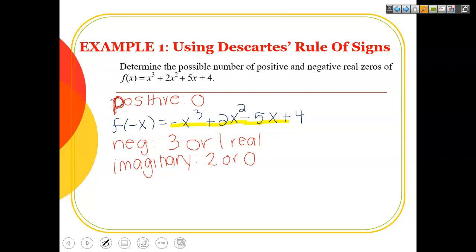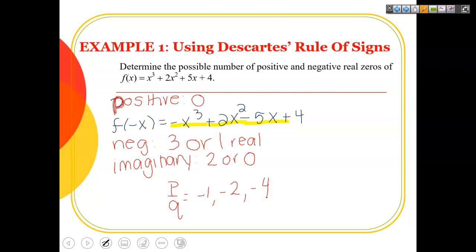To follow on to that, if I ask you to list the possible rationals, you better not put plus or minus. If I ask you to list the possible rationals, this is not a plus or minus because there are no positive. So your p divided by q would only be -1, -2, and -4.